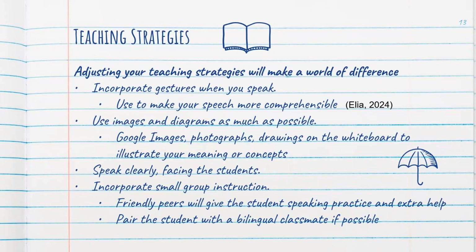So if they are learning in small groups with their peers, they will have peers that can help them along, especially if one of them is bilingual in their language, which I know is not always possible, but if it is possible, make sure that the bilingual classmate is in their group.